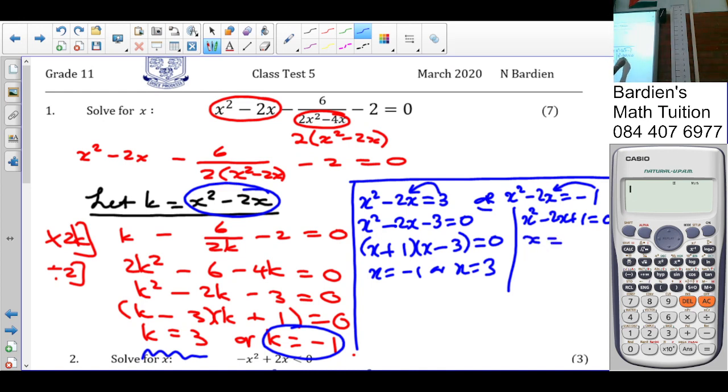So x minus 1 squared is equal to 0. Therefore x is equal to 1. Okay, you guys understand? So should you be able to have done the sum? Yes. We spoke about k substitution. Okay?